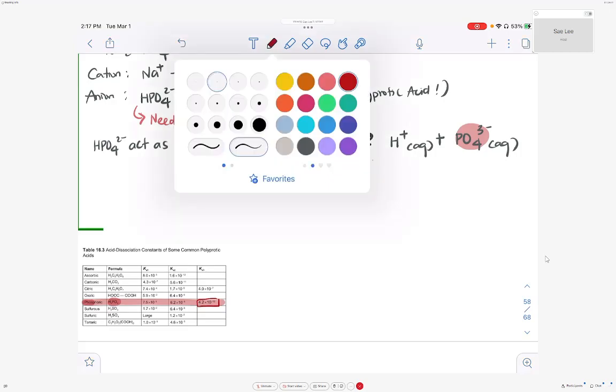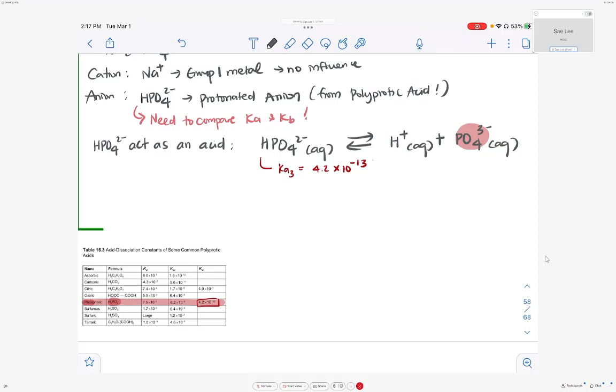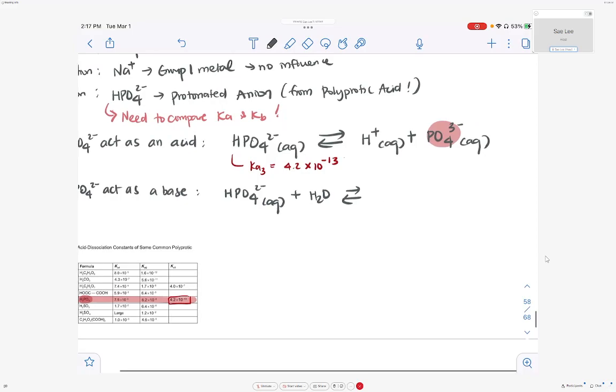So now that's that, and let's write an equation where this anion acts as a base. If the anion is acting as a base, it will steal the proton and it will generate hydroxide anion, right?